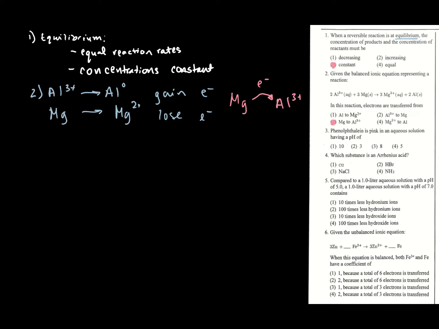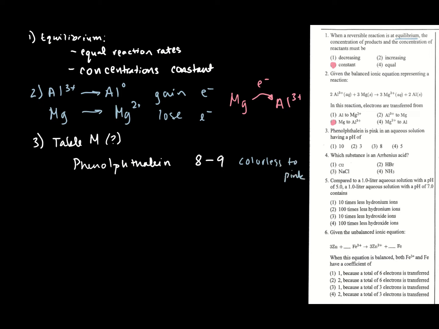Number 3, phenolphthalein is pink in an aqueous solution having a pH of blank. If you use your reference table, I believe this is table M, with the indicators, you're going to see that phenolphthalein has a pH range of 8 to 9, where it goes from colorless to pink.